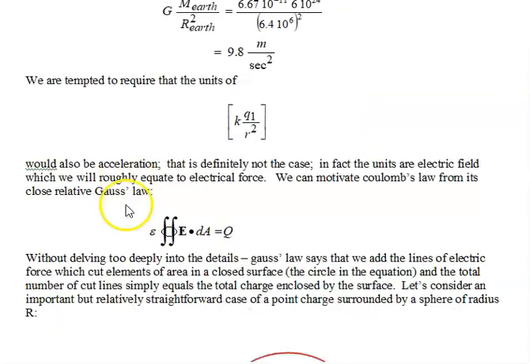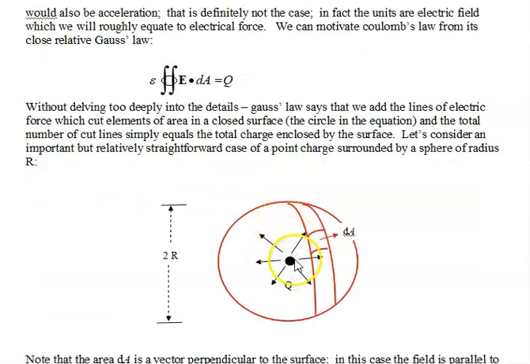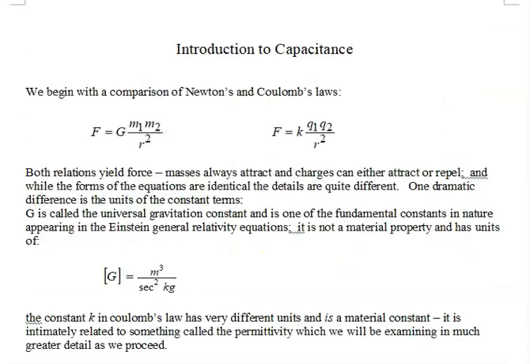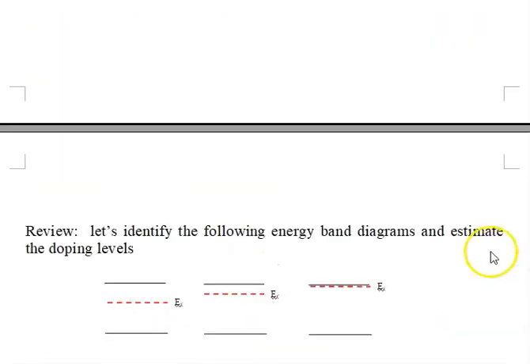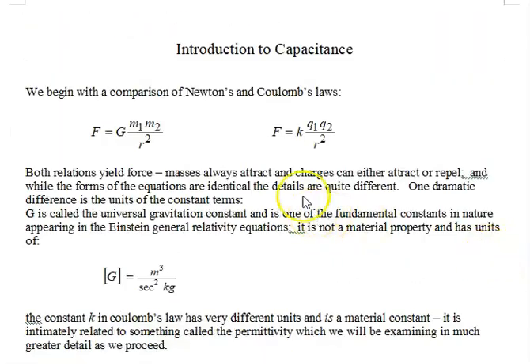We can also see that here. If we look here, and we double the radius of the sphere, the electric field is proportional to 1 over r squared.